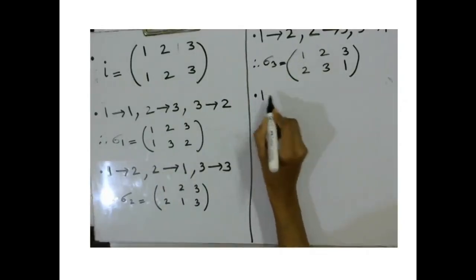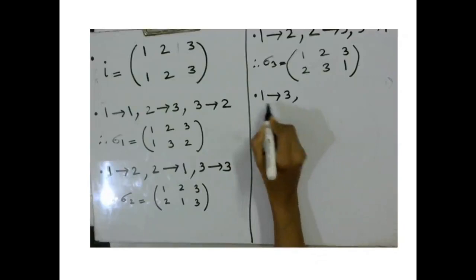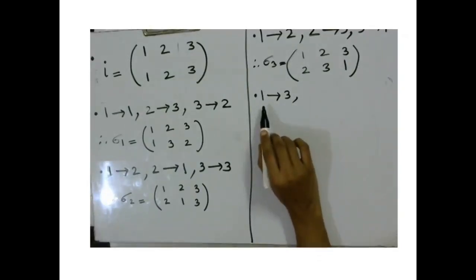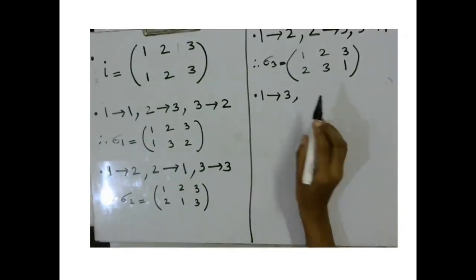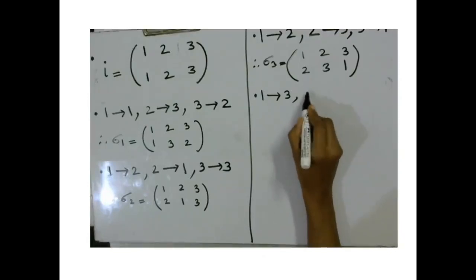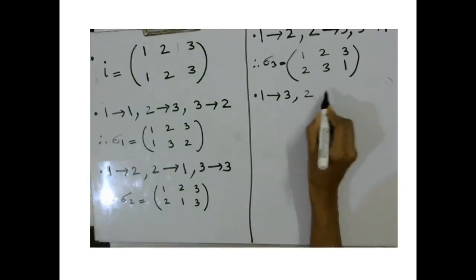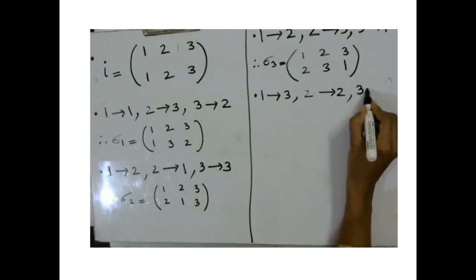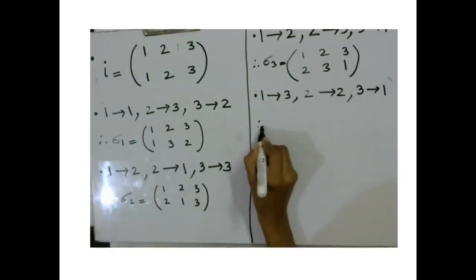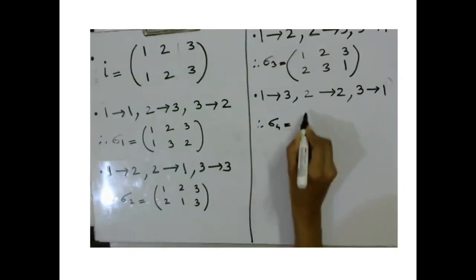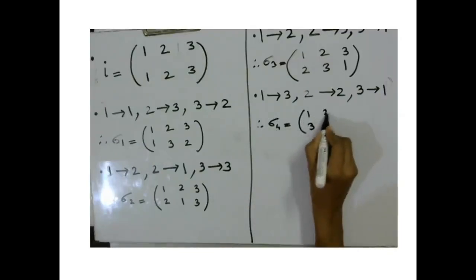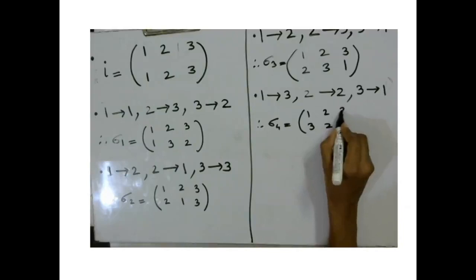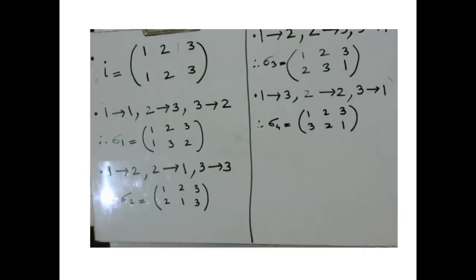Now let us see the case of 1 mapping to 3. So we fix sigma of 1 as 3. Now for sigma of 2 there remain again two choices, either 2 maps to 2 or 2 maps to 1. If 2 maps to 2, then obviously 3 has to go to 1, and therefore this permutation, sigma 4, will be 1 mapping to 3, 2 mapping to 2, and 3 mapping to 1.